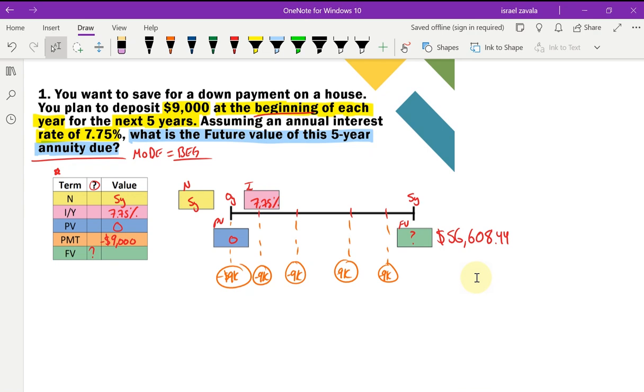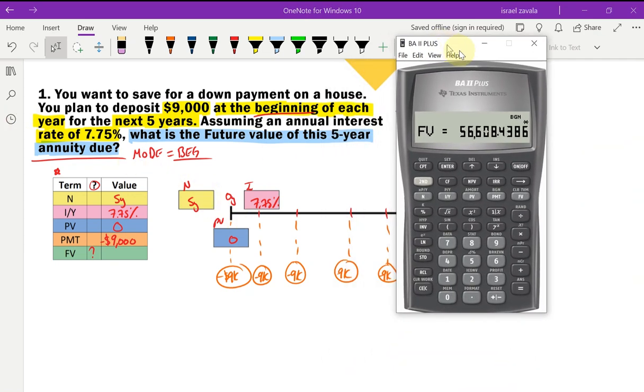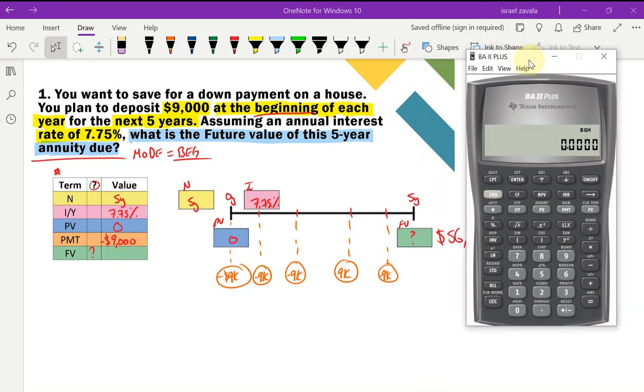Now, keep in mind, I want to mention this. Even when you clear the time value of money, so you second clear and you clear your work here, your calculator stays in begin mode until you change that setting. So a lot of students make mistakes. They go on to the next question on the exam. They don't realize it's an ordinary annuity or that payments are being made at the end, and they leave their calculator in begin mode.